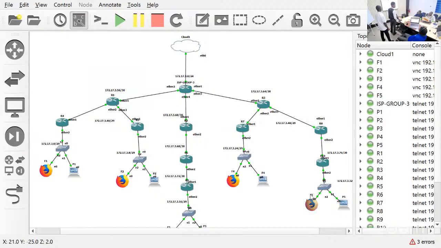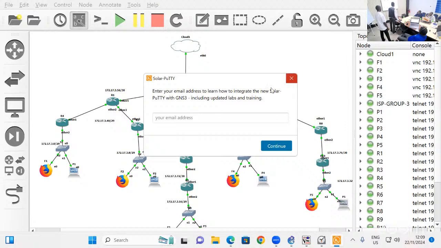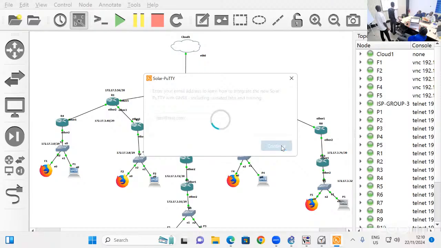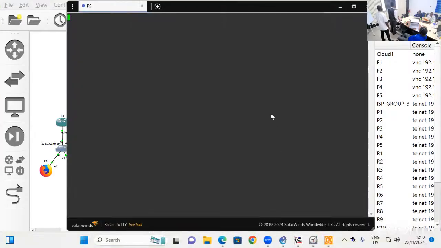So what's the network address for this computer here? 172.17.3.8. Find the IP address of the computer.